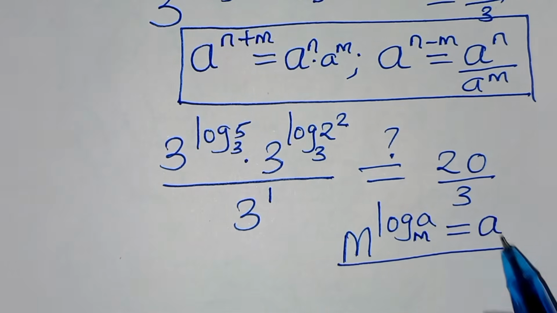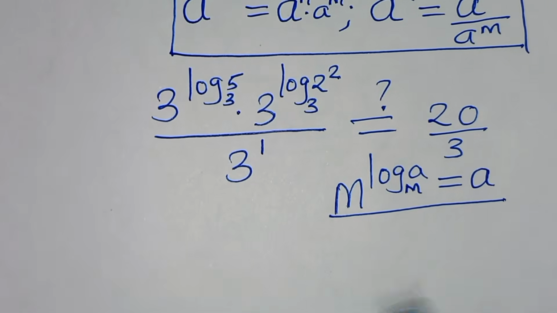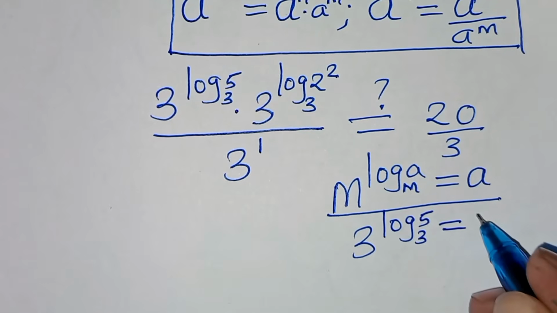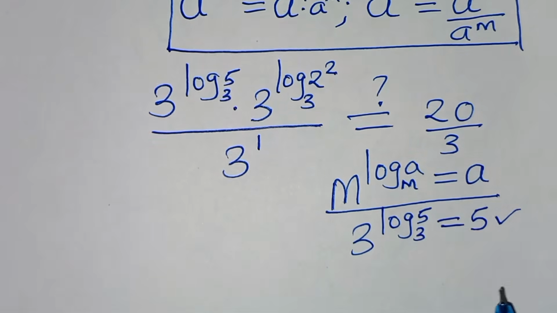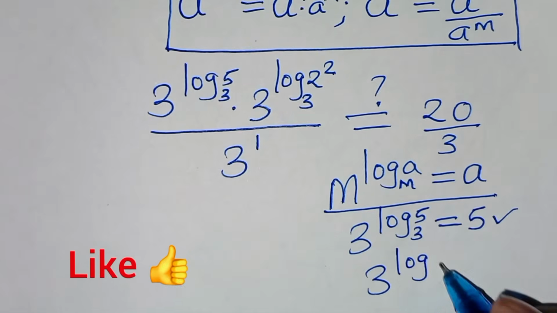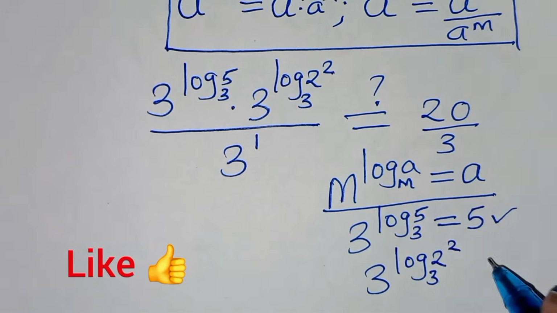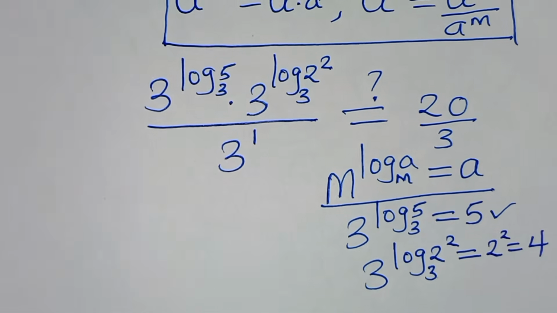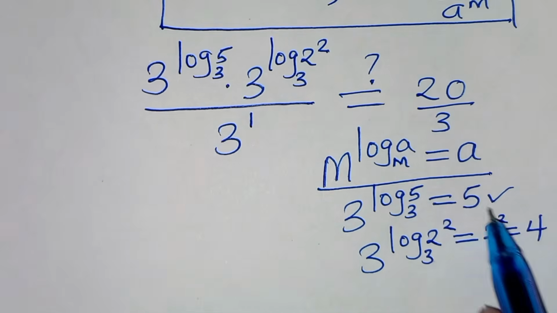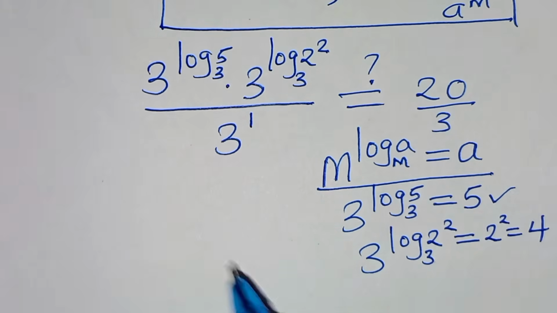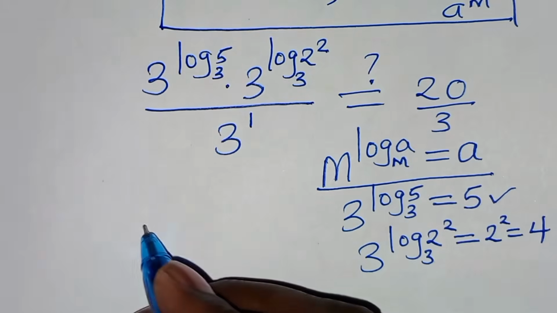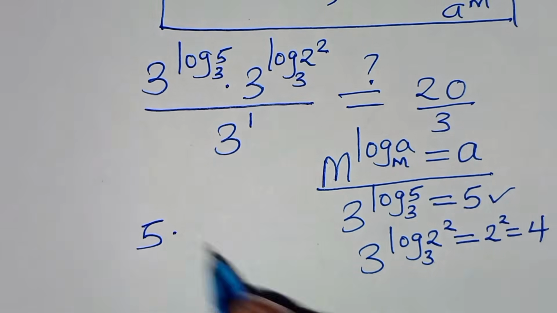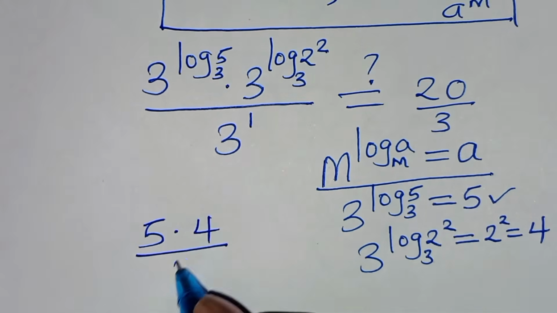Applying this logarithm property, 3 to power log 5 to base 3 should give us a value of 5, and 3 to power log 2 to power 2 to base 3 should give us a value of 2 squared, which is equal to 4. Now, substituting these values, we have 5 times 4 divided by 3.